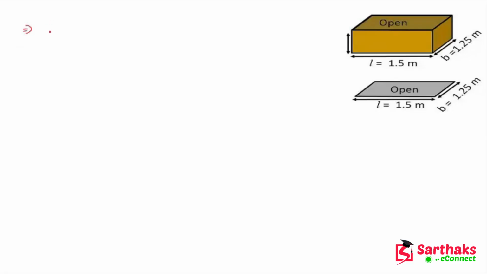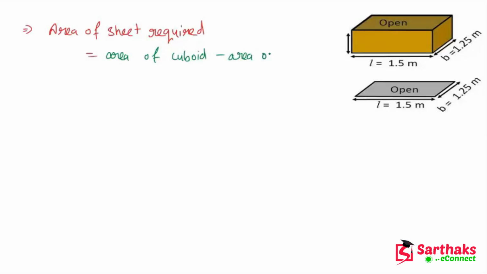So area of sheet required is equal to area of cuboid minus area of top, which is open. Applying the formula, area of cuboid is 2 into (LB plus BH plus LH), minus the area of top, which is in the shape of a rectangle.